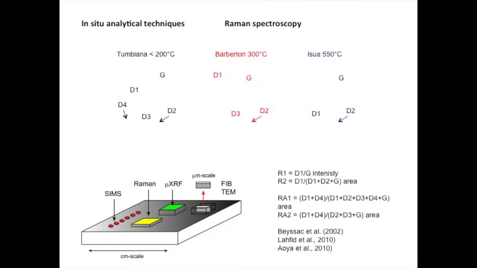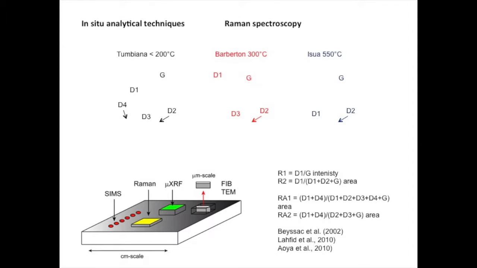It identifies organic material as being organic, and it gives you an indication of the degree of structure. Pure crystalline graphite has only one band in the Raman spectrum, this G band here, which stands for graphite. And if there are dislocations in the graphite structure, you get a disorder band, and several disorder bands. The more dislocations you have, and the more disordered the material is, the more of these disorder bands start to appear.